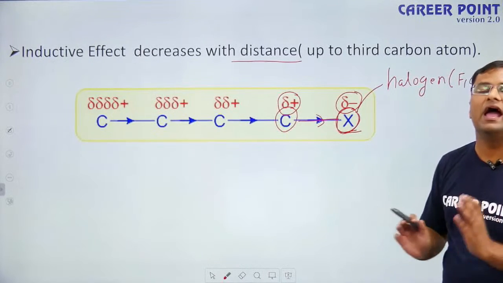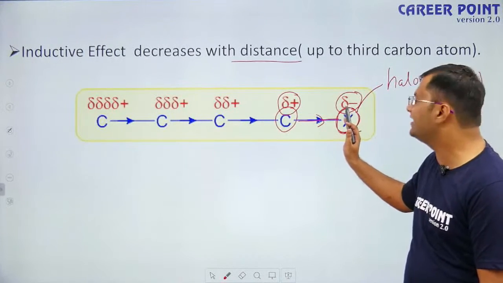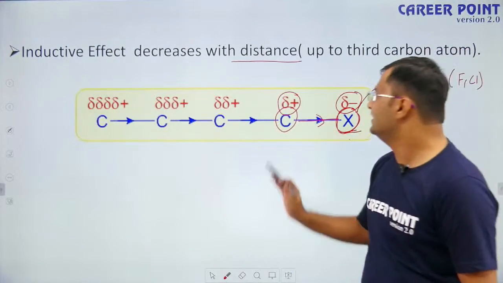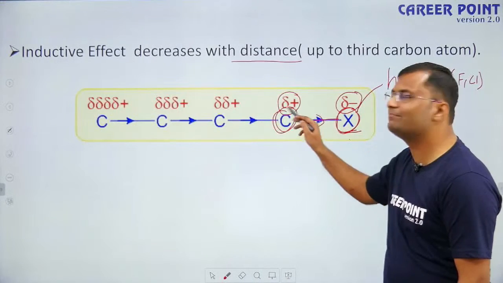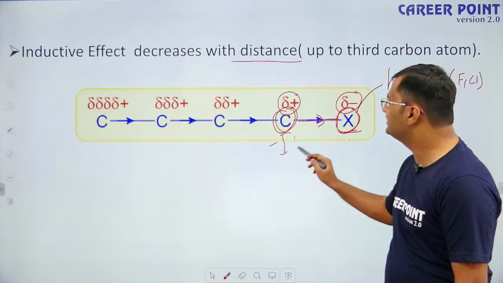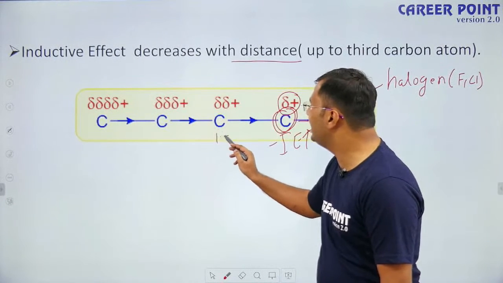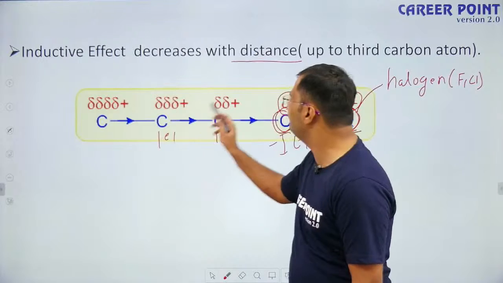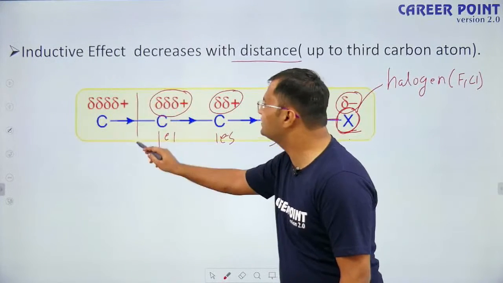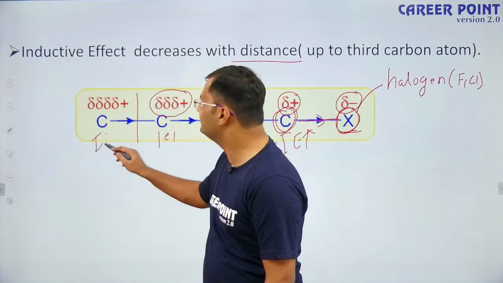Clear? Now as we move from right to left, away from this X towards this side, the effect decreases with distance. This carbon experiences a more inductive effect, and as we move along, the inductive effect becomes less: delta delta plus here, then less still, and up to this point the inductive effect will be 0.